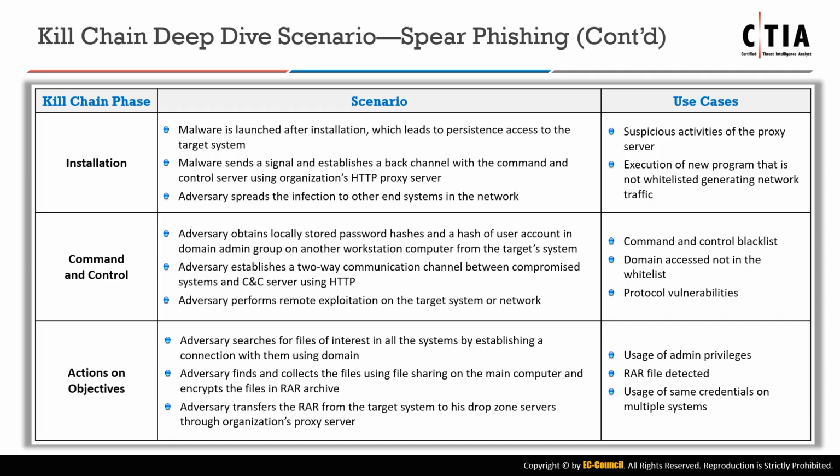So, command and control. The adversary obtains locally stored password hashes and a hash of the user account in the domain admin group on another workstation, and the adversary establishes two-way communications. So we're going to be using a C2 server, that command and control, using HTTP, to perform remote exploitation of that network.